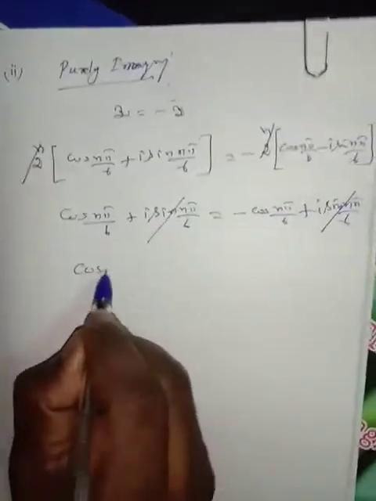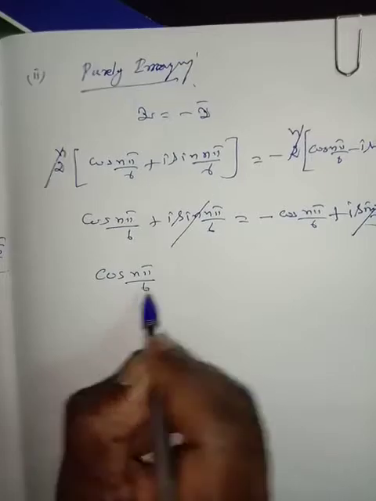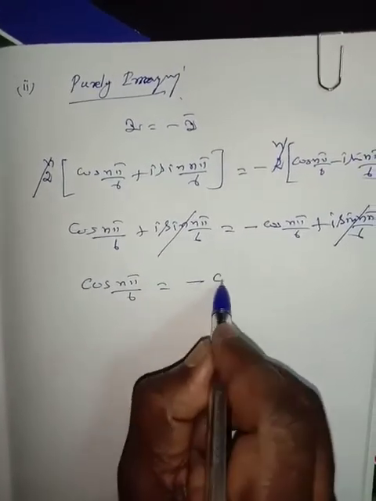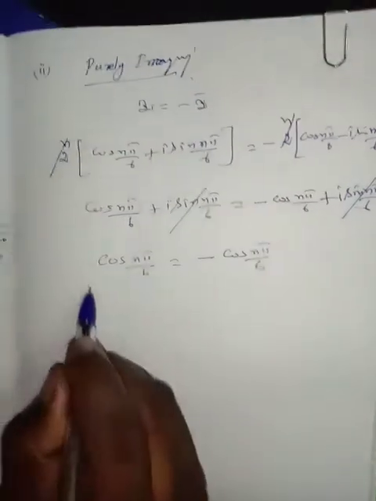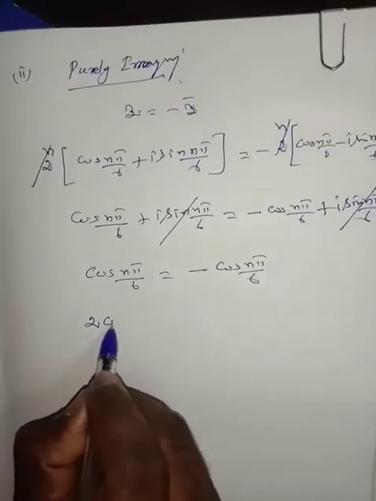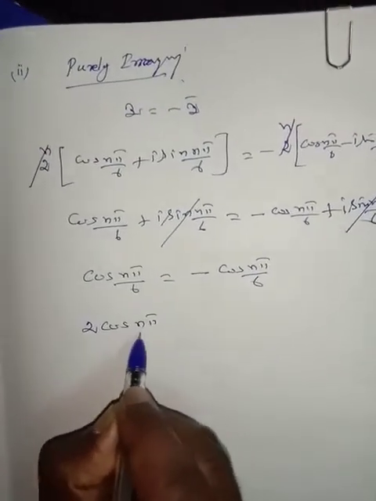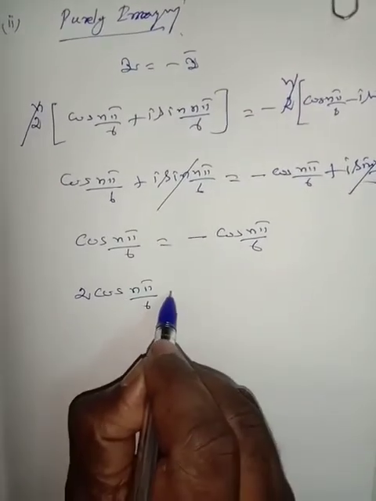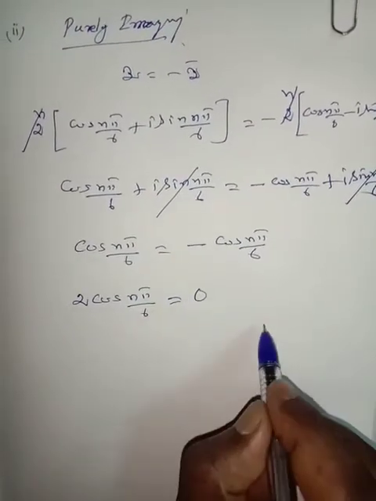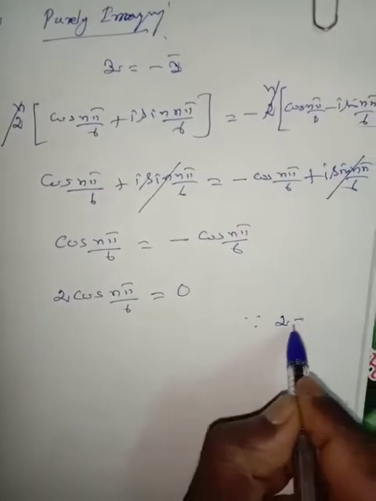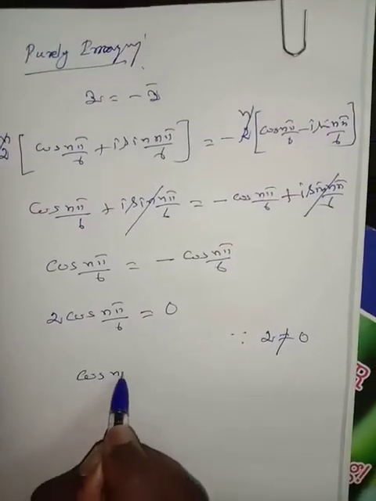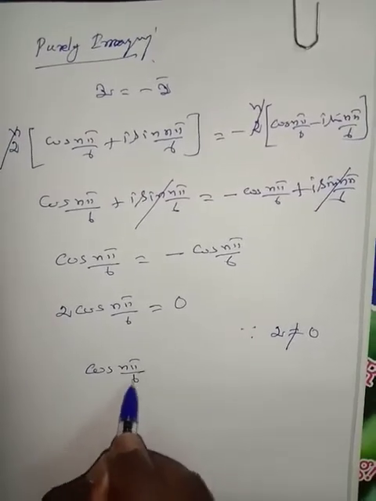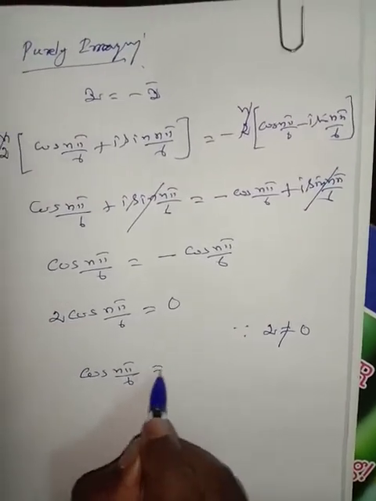We get cos n pi by 6 is equal to minus cos n pi by 6. This means 2 cos n pi by 6 is equal to 0. Since 2 is not equal to 0, therefore cos n pi by 6 is equal to 0.